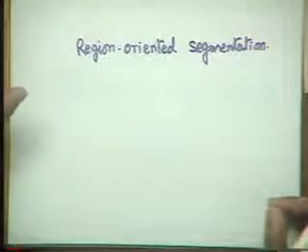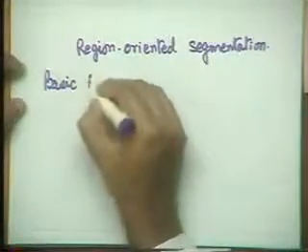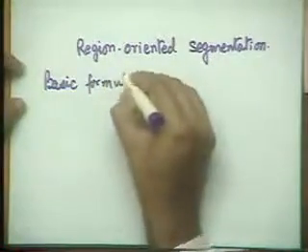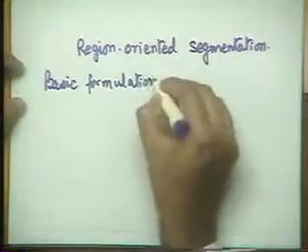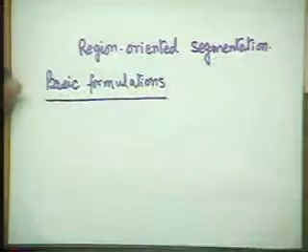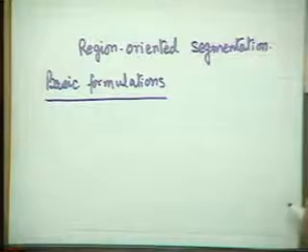Before we go into the details of the region-oriented segmentation approach, some basic formulations about segmentation are necessary, so we first define all those basic formulations. Firstly, what are we trying to do in segmentation?